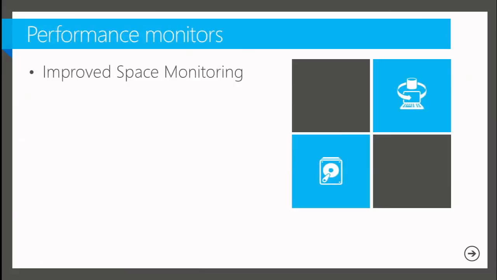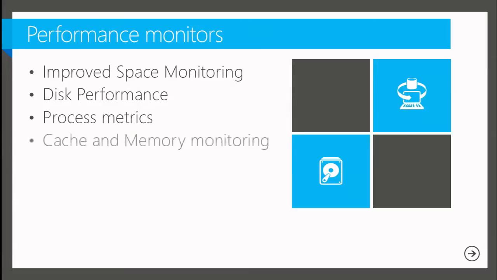Next, we've added new performance monitors to the SQL Server MP. We added some new features in space monitoring. We added performance monitors for disks where your database files are allocated. We also added monitoring to check the CPU usage, to CPU consumption by the SQL Server process, and added monitoring for thread usage.